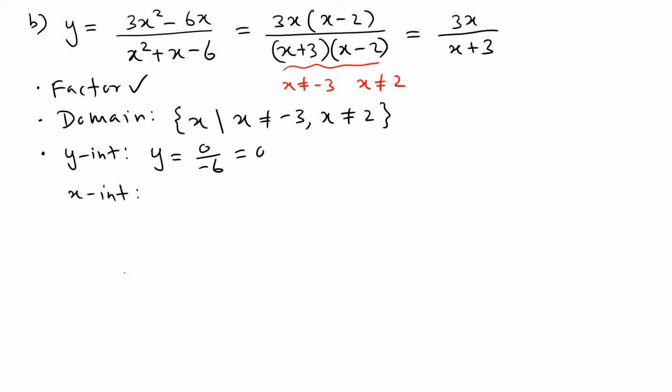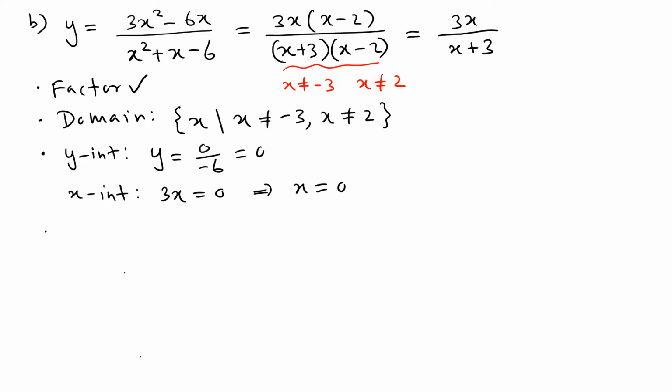The reason is that in the unsimplified version, x equals 2 is not in the domain, so you can't plug in that value. So you remove x minus 2 and look at the simplified version. In the simplified version, we have 3x, so we set 3x equal to 0, and this gives you x equals 0. So that is the only x-intercept we have.